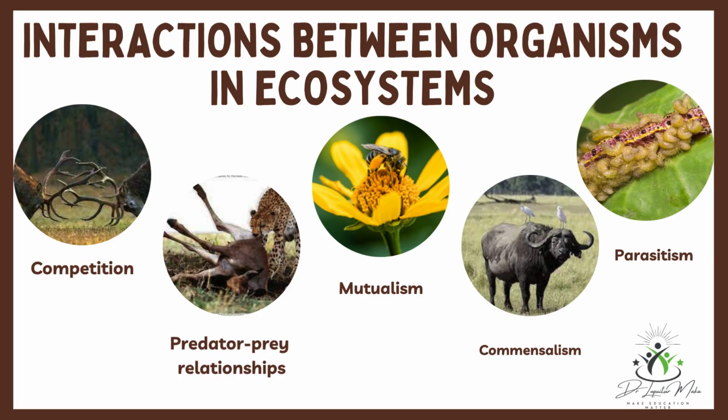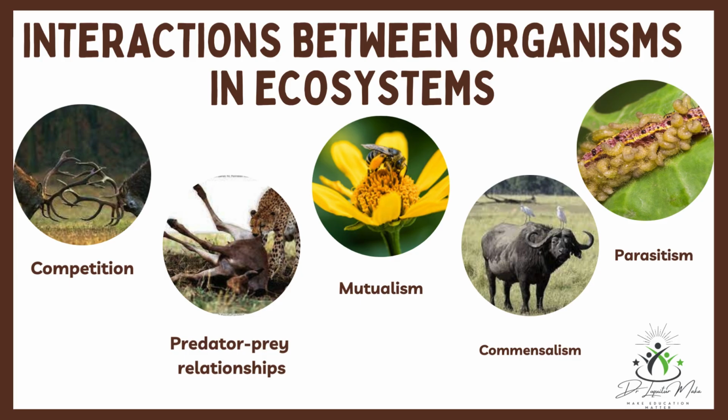This is where both organisms benefit in a win-win situation, right? Then we've got commensalism. Now, with commensalism, this is where one organism benefits and the other does not benefit. However, it is also not harmed.